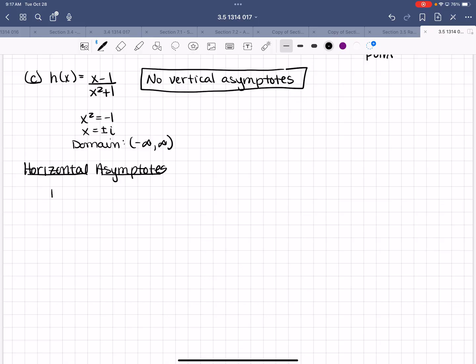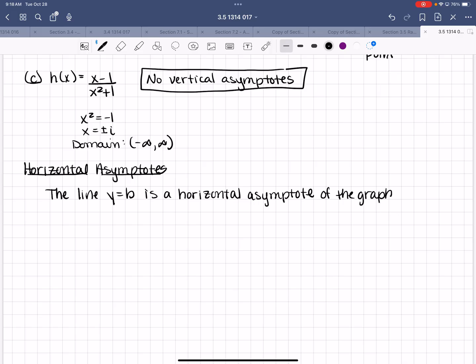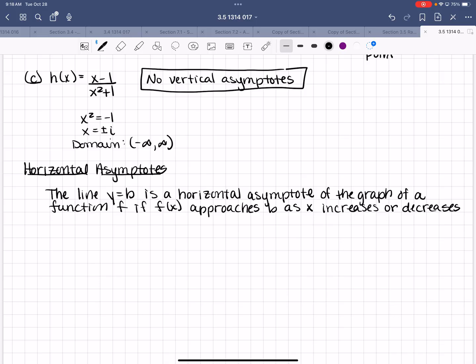Okay, I'm going to give you a formal definition first. The line y equals b is a horizontal asymptote of the graph of a function f if f of x approaches b as x increases or decreases without bound.